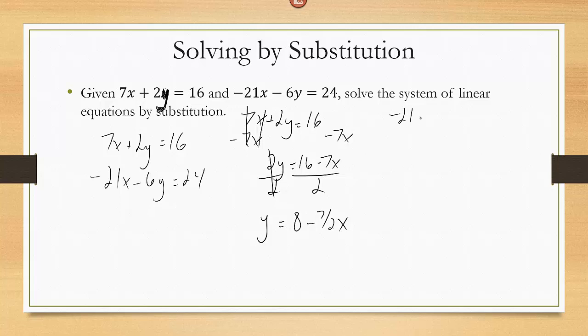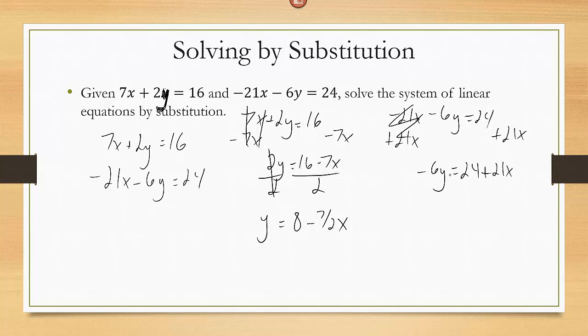We have negative 21x minus 6y equals 24. Let's get y by itself. So we need to add 21x to both sides. So we're left with negative 6y equals 24 plus 21x.